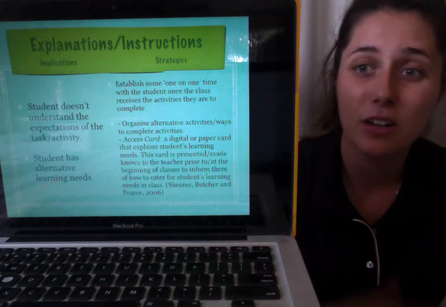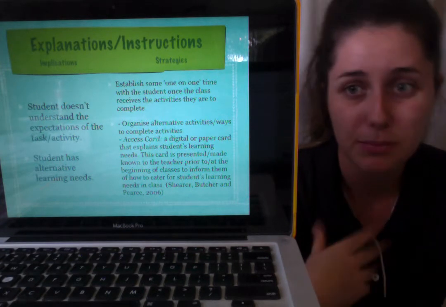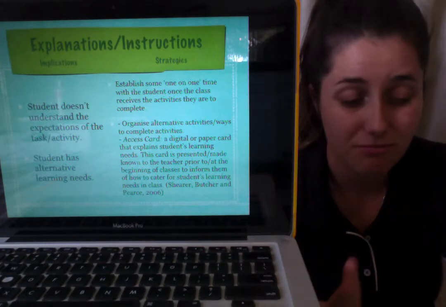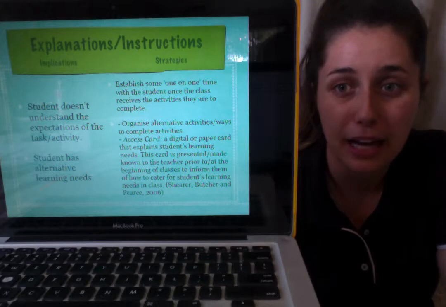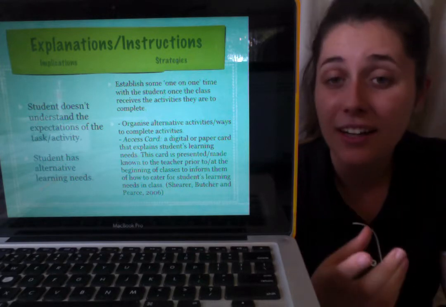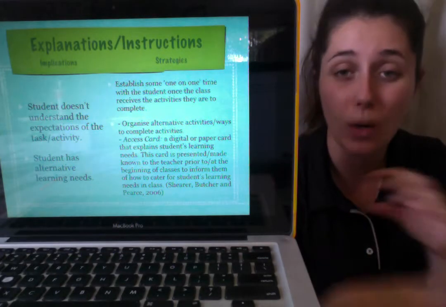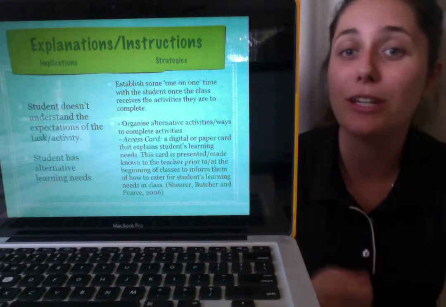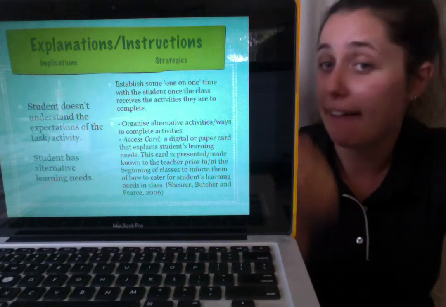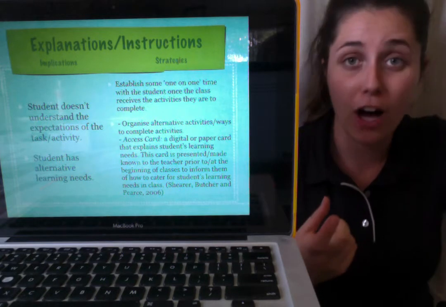And then also, making sure, as I said, of the explanations, we're giving them, maybe I've actually got it here, an access card, either a digital card or an actual physical card that this student can carry around or has attached to their profile.